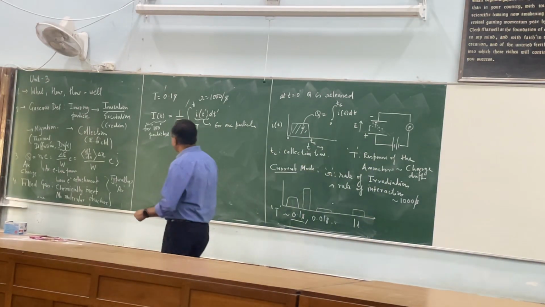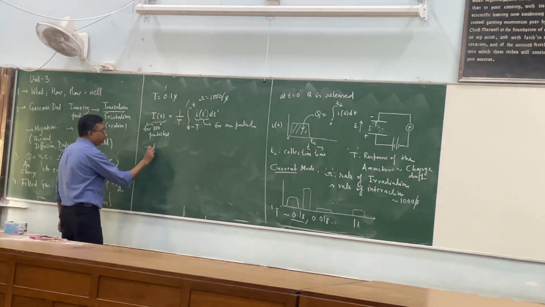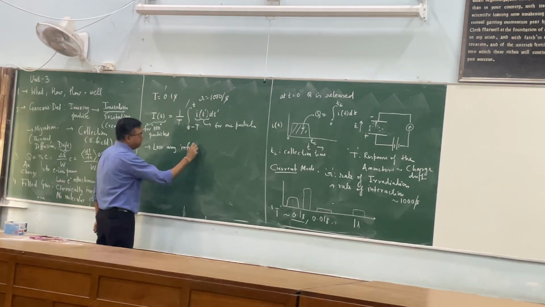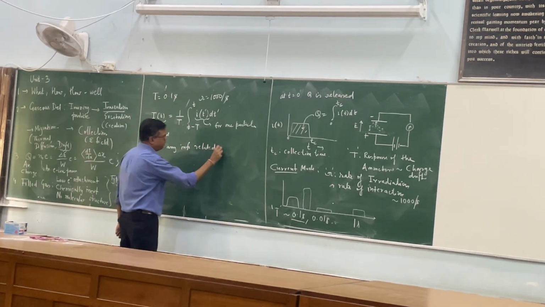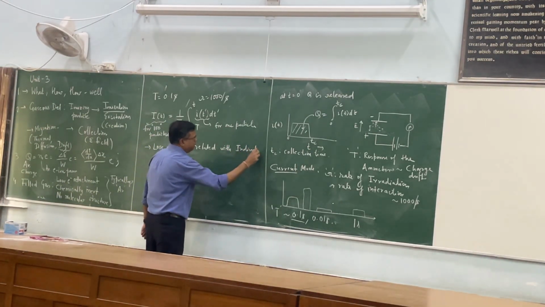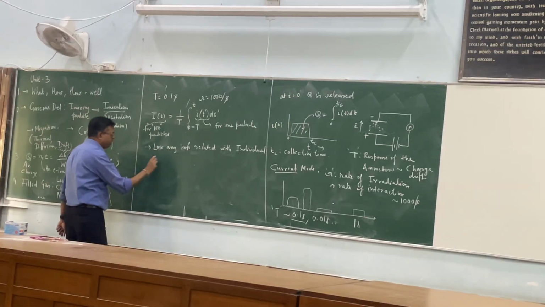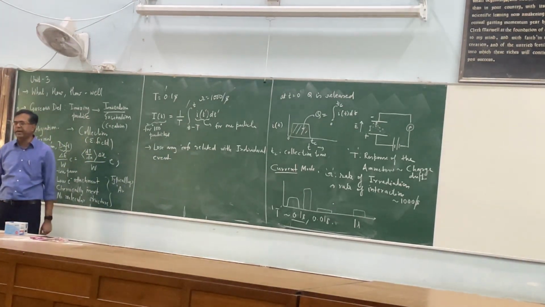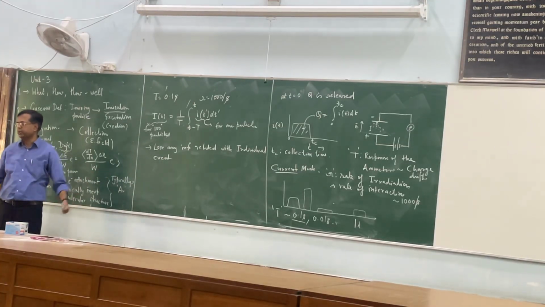So immediately it is clear that we lose any information related to the pulses individually. We do not have any idea of that because it has averaged over them.